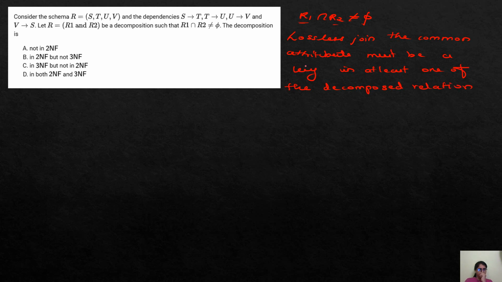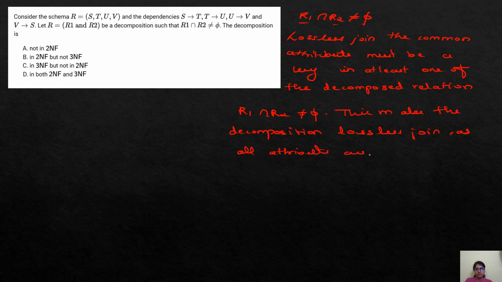Okay, and now R1 intersection R2 is phi. So this makes the decomposition lossless join, as all attributes are keys.